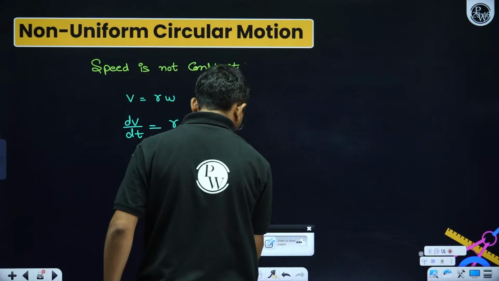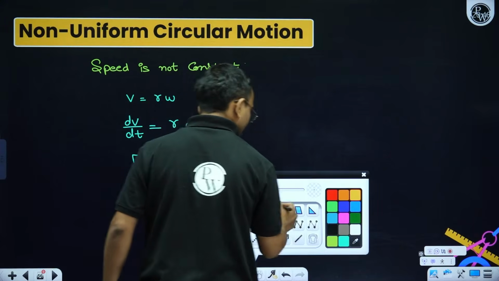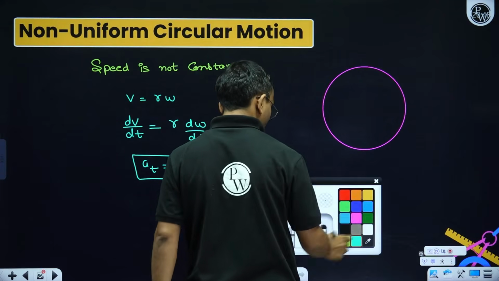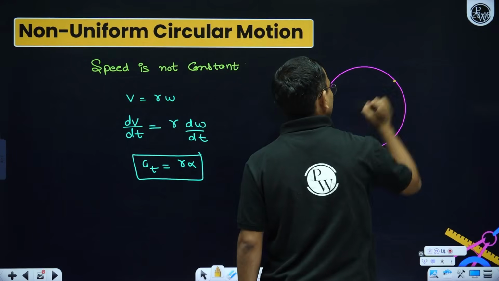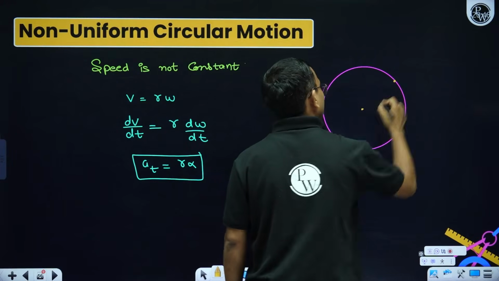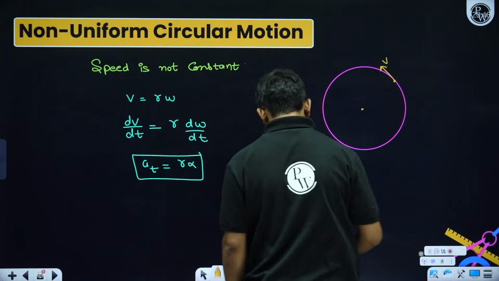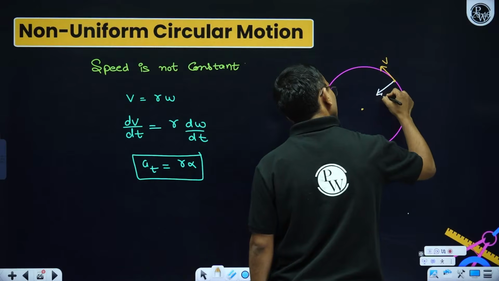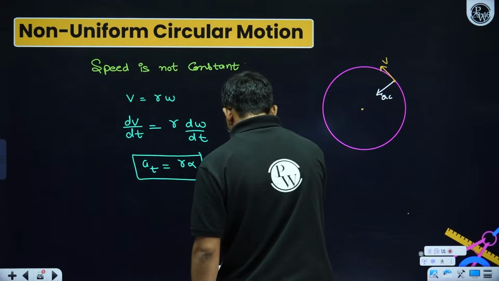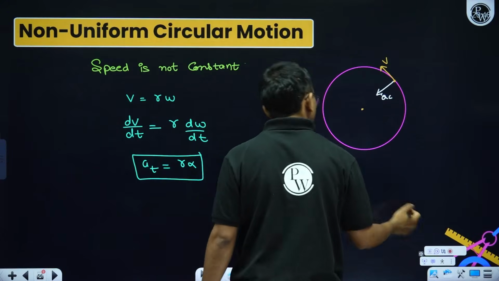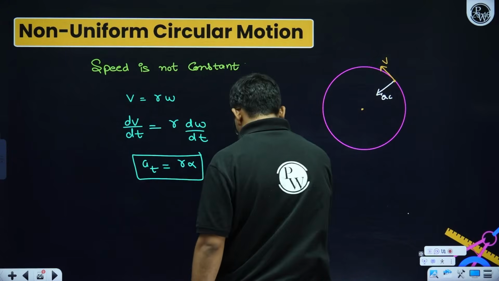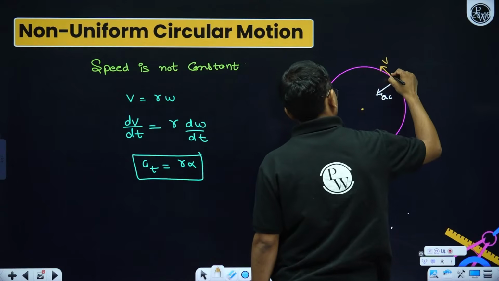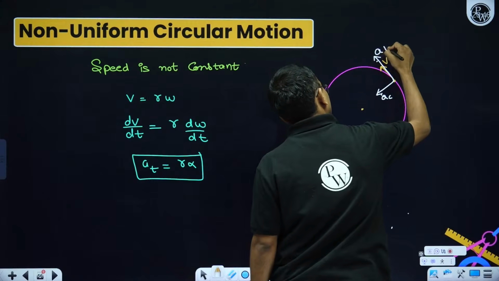So, the particle is moving somewhat like this in circular motion. At any point, let us take the particle is here. It is having some velocity in this direction, v. Centripetal acceleration will be towards the center. Tangential acceleration will be along the tangent. It may be opposite to the velocity or in the direction of velocity. It depends. This is my tangential acceleration.